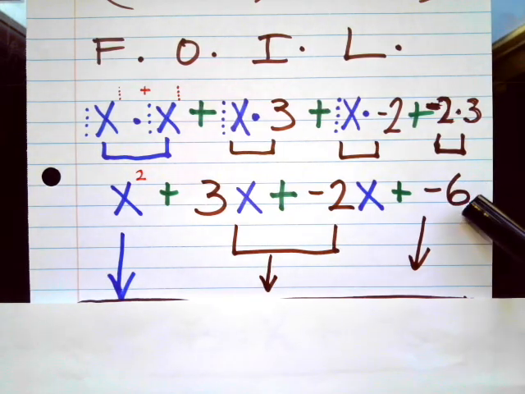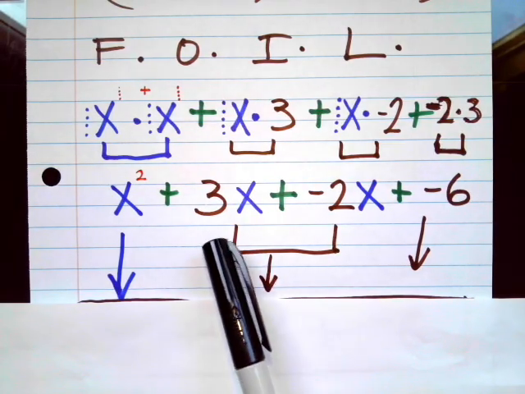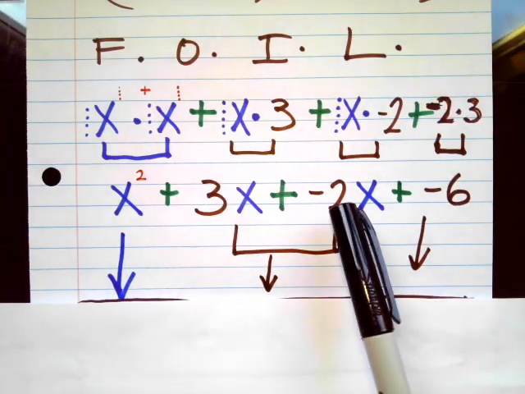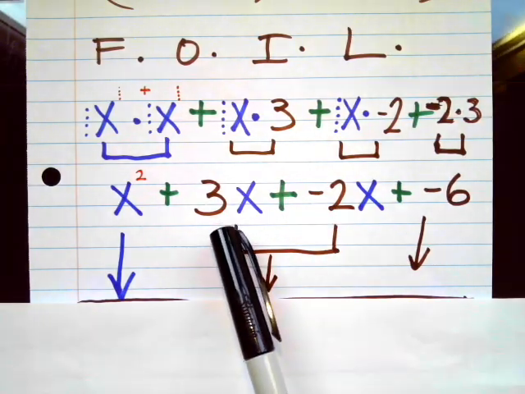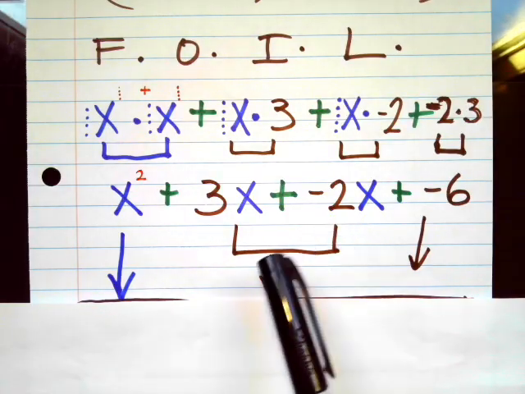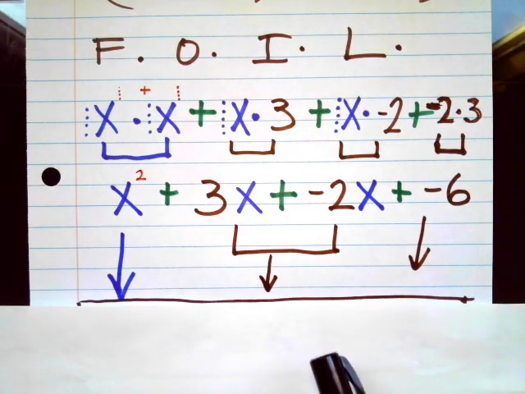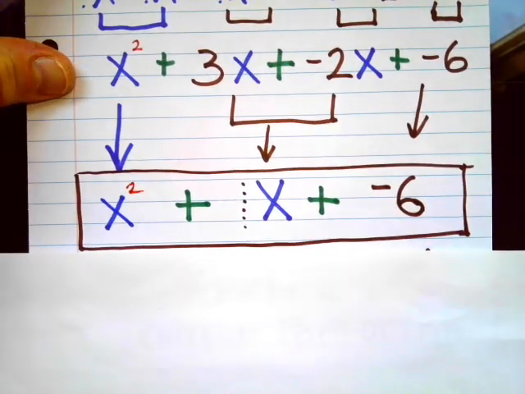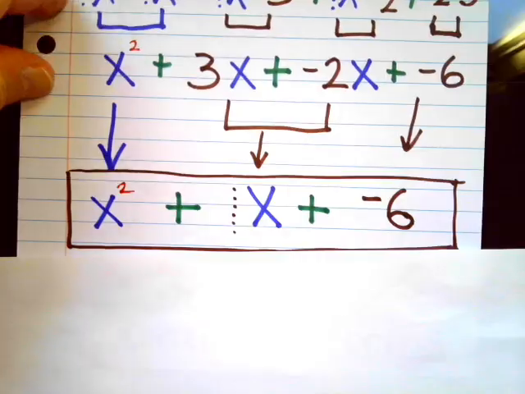There are no other constants, whole numbers, so I'm going to bring that negative 6 and put it in my answer. What is 3x plus a negative 2x, or 3 plus negative 2? You got $3. You borrowed $2. How much do I have left? I have $1 remaining. x squared plus 1x plus a negative 6.